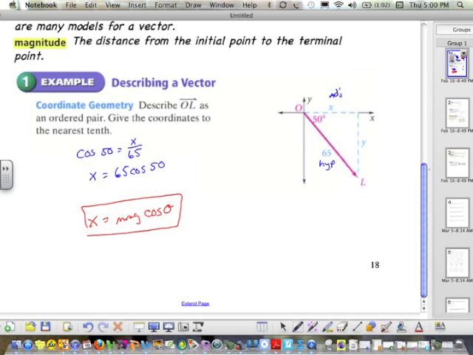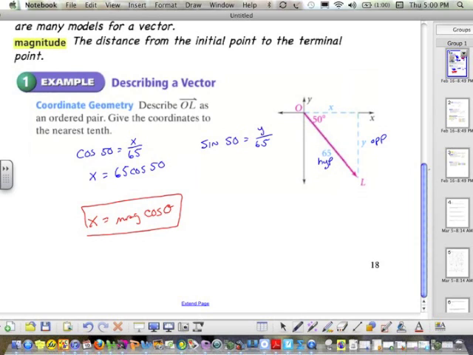Now, if I ignore that and I say, okay, well, let's go ahead and find y. Well, the only difference is y is the opposite, and I still know the hypotenuse. So it's still going to be 65, and it's still going to be 50 degrees, but instead of using cosine, I'm going to use sine. So this would be the sine of the angle is equal to y over 65.